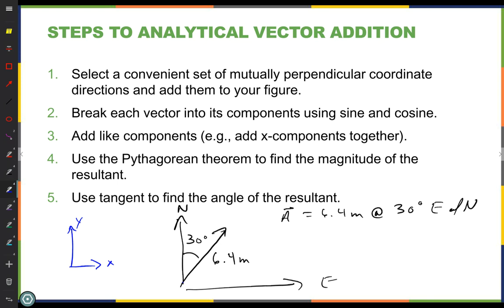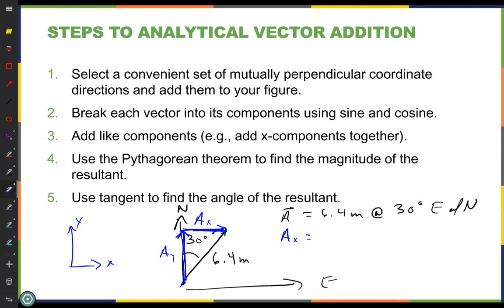And so starting at the end, my x component and y component have to add to give me my total vector. So I have there in blue the x and y components. The x is the horizontal one, the y is the vertical. So here's Ax, here's Ay. If I want to find Ax, I'm going to use my trigonometric functions.